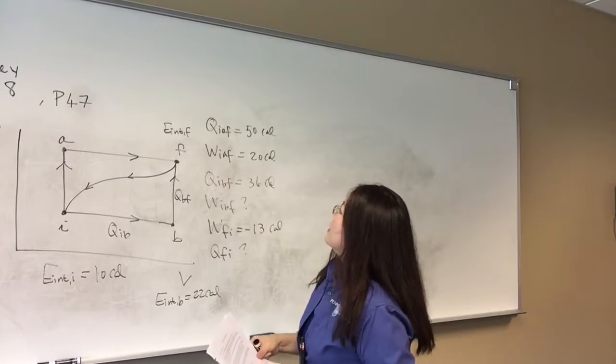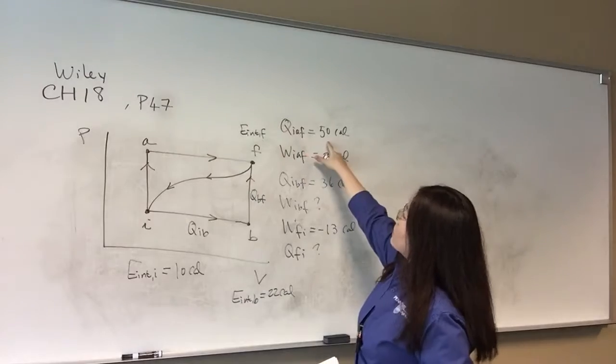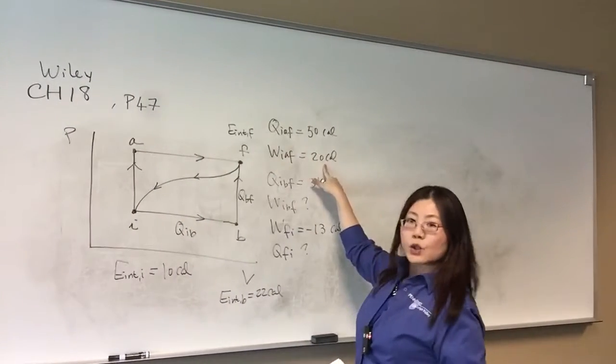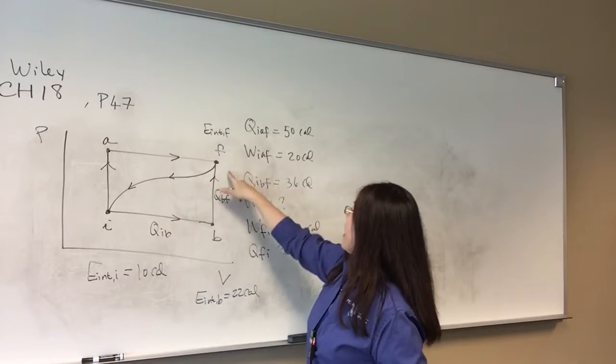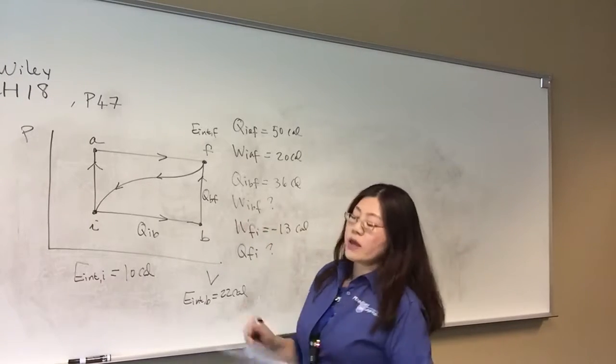So you're given QIAF with this amount, that's 50. You're given the work, that's 20, and then the QIBF from I to B to F is 36 calories, and you also find what is WIBF.